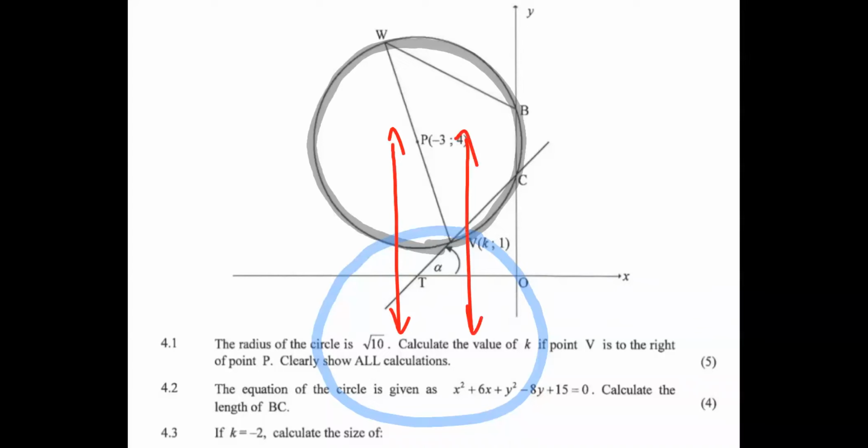Where do the 2 circles intersect? At this point here, point V, and at another point that is not given a name. I think we already worked out those coordinates. What will the equation for these 2 vertical lines be?